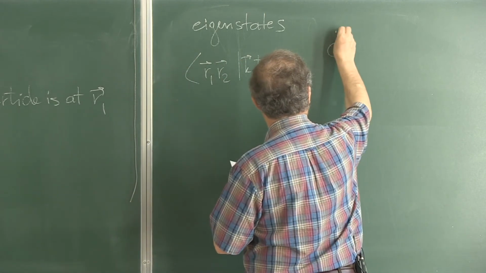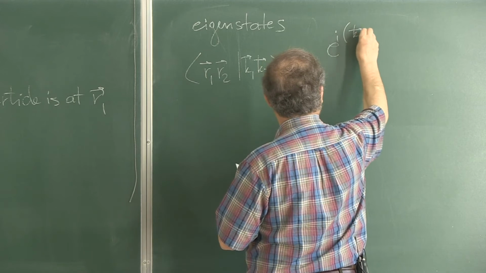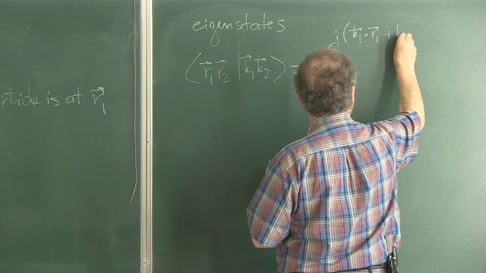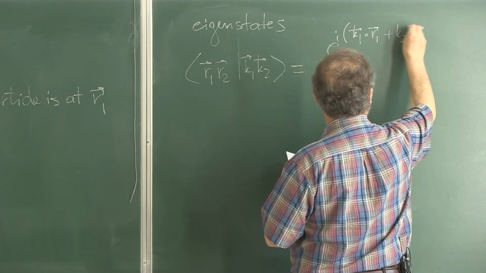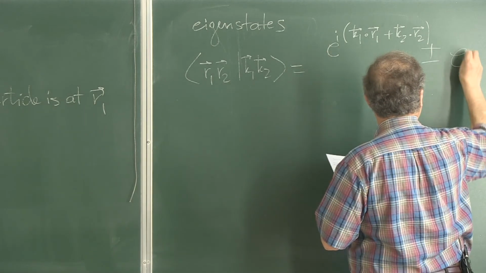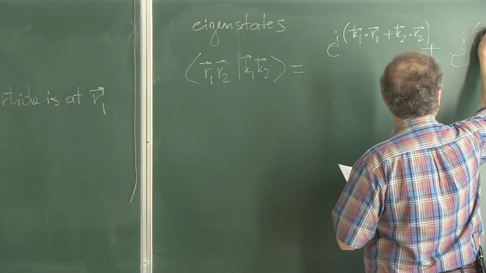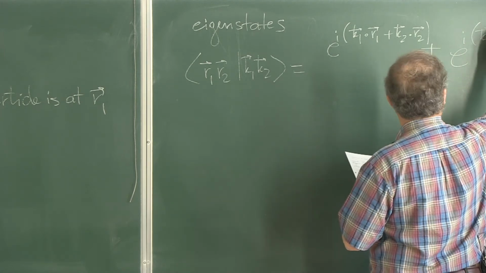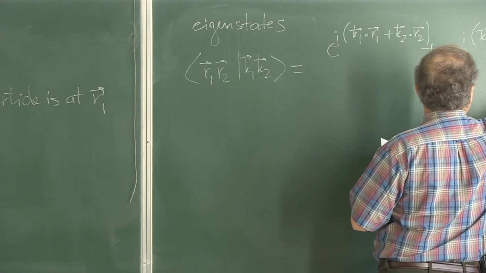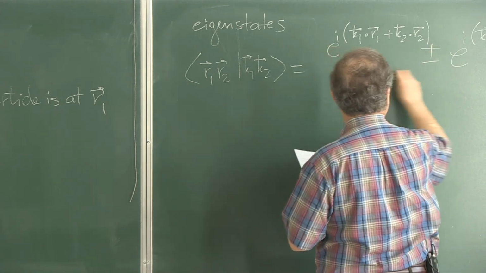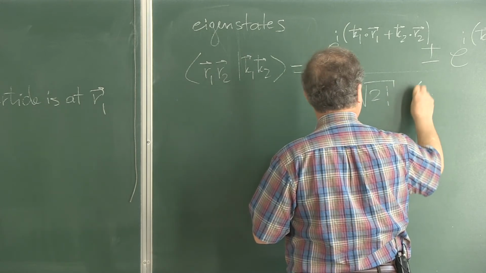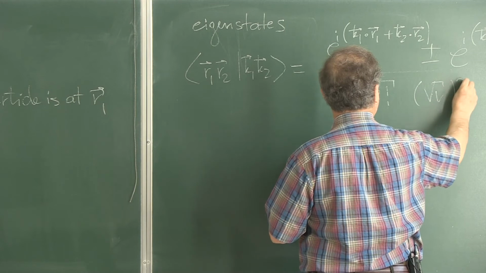Here is the plus or minus 1, e to the i (k1 dot R2 plus k2 dot R1), divided by square root 2 factorial square root V squared.